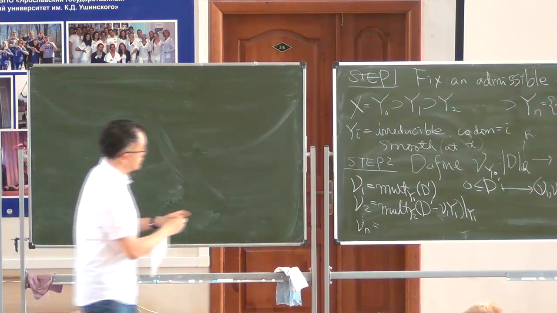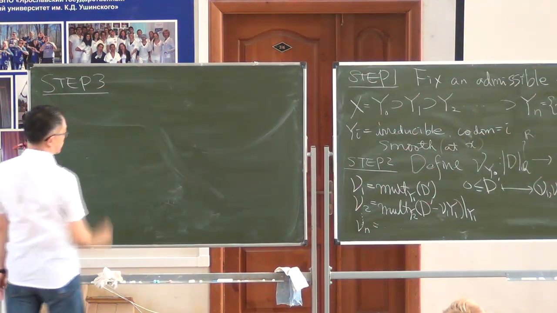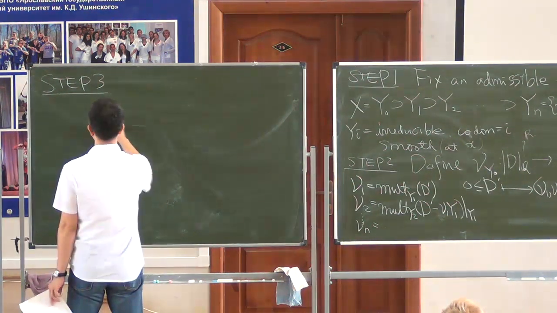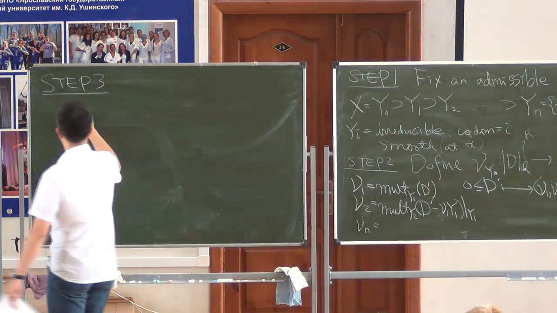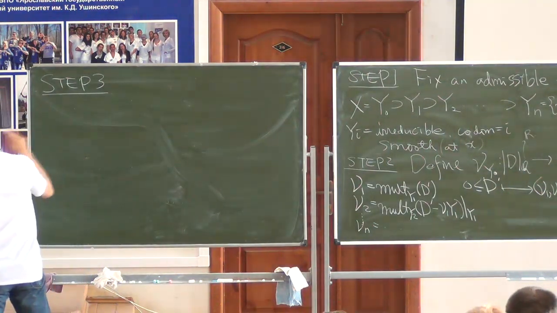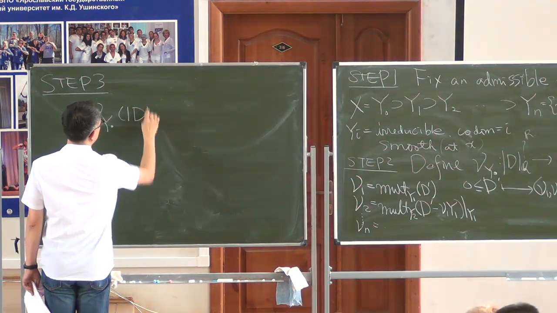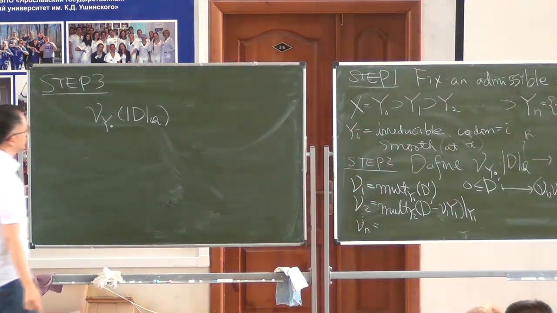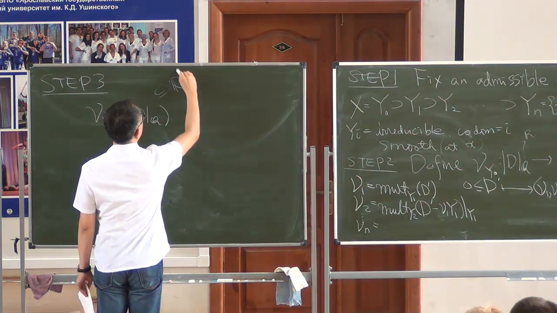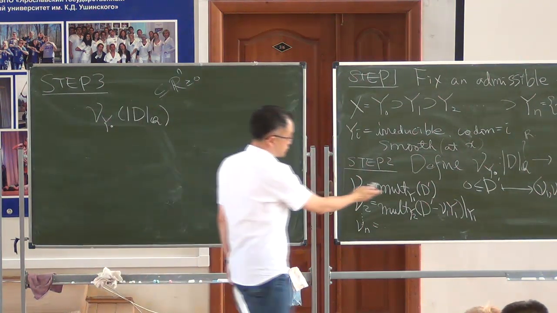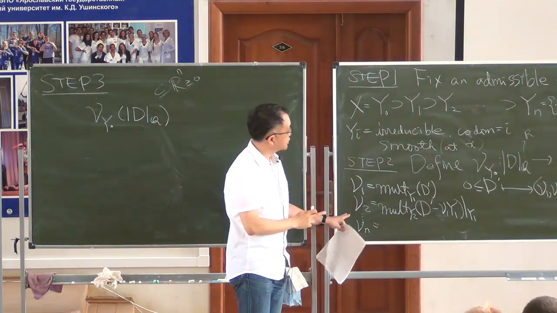Okay, so in the next step, we can now define the so-called Okounkov body. First, you look at the image. This is a subset of N^n, and because the divisor is effective, all the coordinates are non-negative numbers.